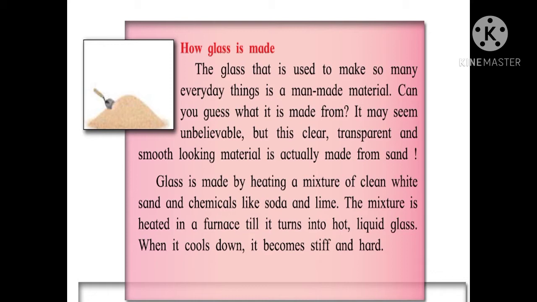This mixture is heated till it turns into hot liquid glass. It turns into liquid form. And when you allow this liquid form to cool down, it becomes stiff and hard.